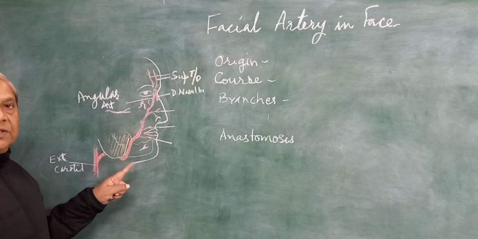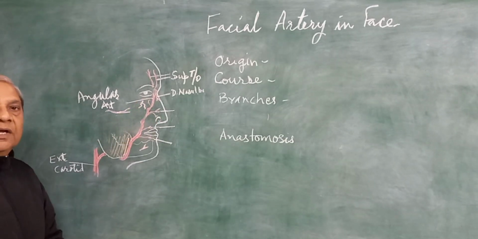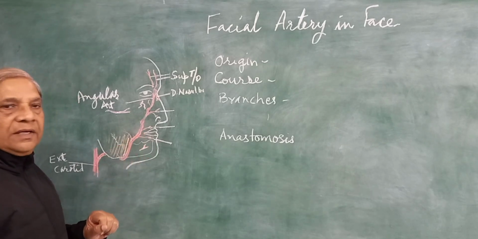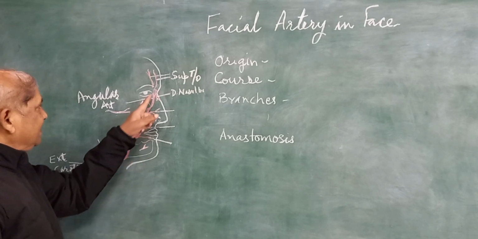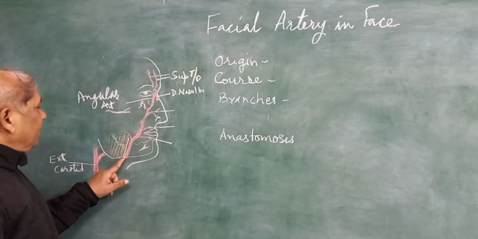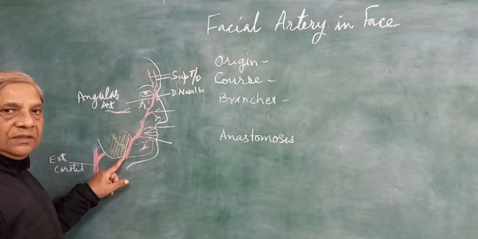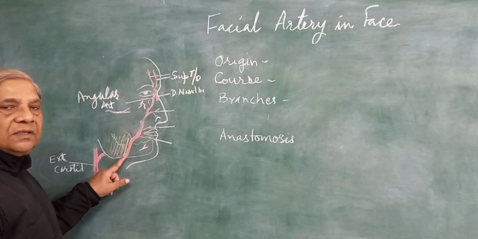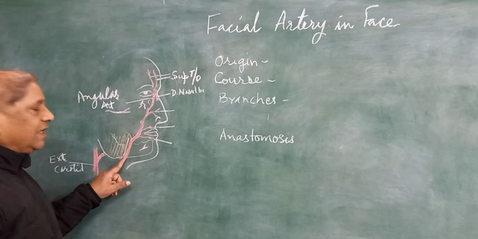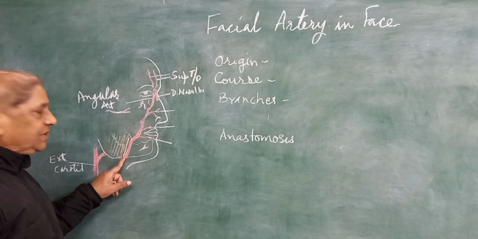Now this facial artery is a tortuous artery. It is not straight like the vein which we learned in our previous video, and it comes very close to the angle of the mouth. So the pulsation of the artery in its course can be felt at two different places. One is where it comes into the superficial fascia in the face, at the anteroinferior angle of the masseter muscle, lying just above the base of the mandible.